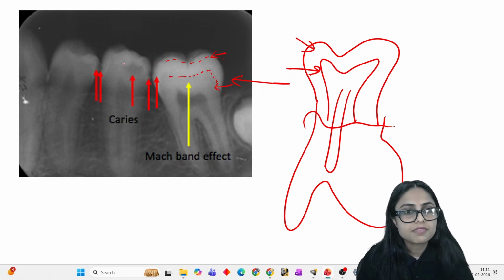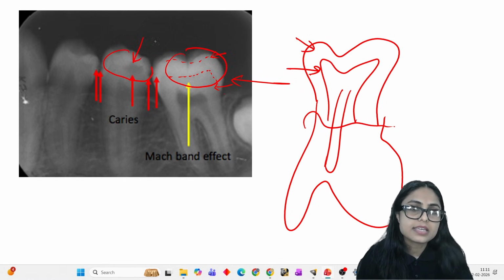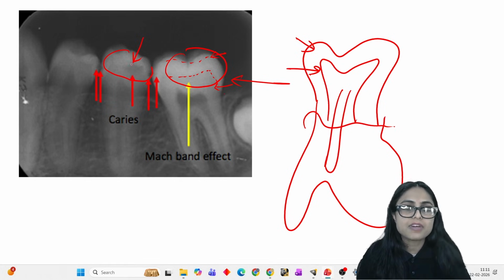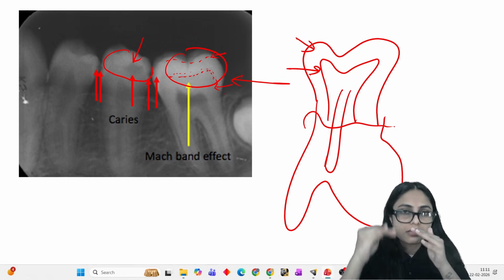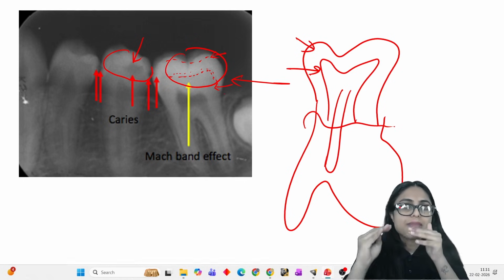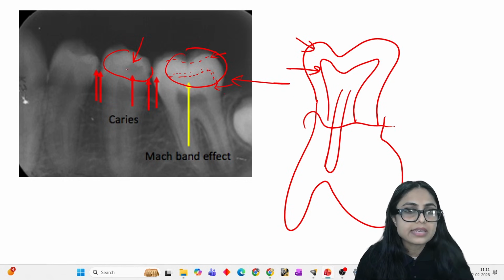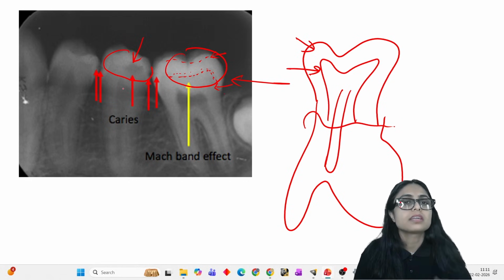If you compare this and this, here you can easily see this caries, that is an ill-defined radiolucency. Here you can see this faint gray line which is separating the two shades of gray. That is called the Mach band effect. But here you can easily see the decay or radiolucency, which is nothing but caries.